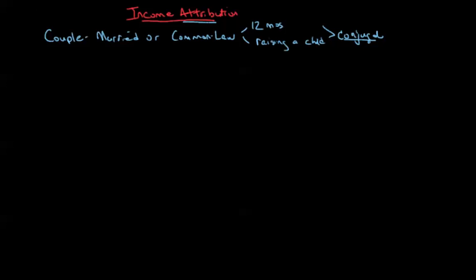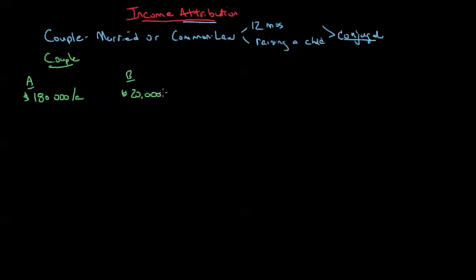So in order to have a concern around attribution, normally you're going to have this kind of scenario. We've got a couple here, spouse A and spouse B, and spouse A has a good income. Spouse A, let's say, makes $180,000 a year, and spouse B has relatively low income.